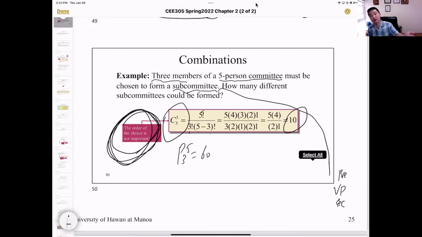So we choose 3 persons from the 5, and then we assign them to 3 different roles. In this case, we should use permutation because the order does matter. So that's the difference between combination and permutation.